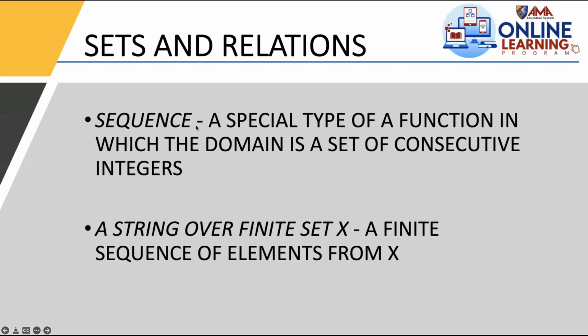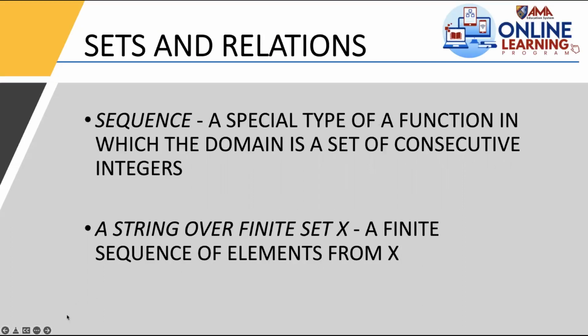So the sequence is a special type of function in which the domain is the set of consecutive integers. And then from this domain, we get a range, no? And that range can be a string over a finite set X. So a finite sequence of elements, meaning it's a function in which the domain is a set of consecutive integers of elements from X.